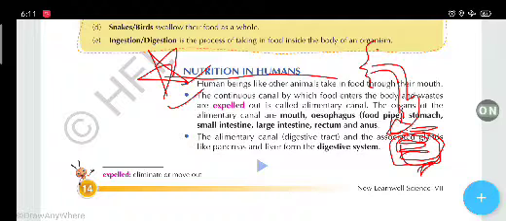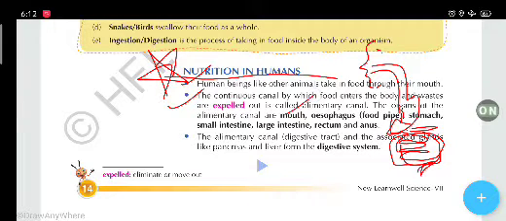So students, I am going to tell you the different parts of our digestive system that take part in getting nutrition in human beings. As I have drawn in this picture, in nutrition in human beings, different parts take place.